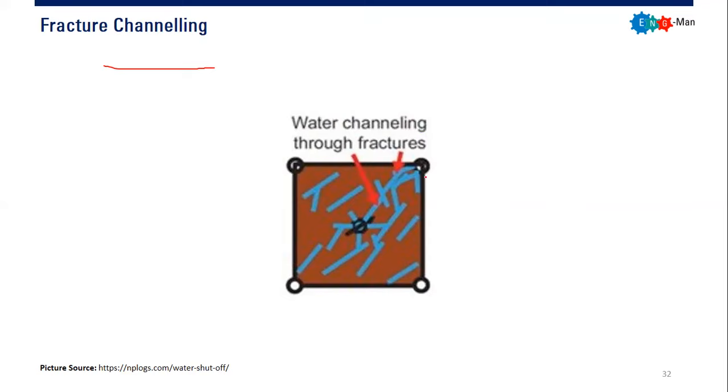So if somehow, unfortunately, you have fractures connecting your injector and producer, okay, this is the producer and this is the injector, then of course water injected from the injector will go fast directly to the producer, and that's not good.